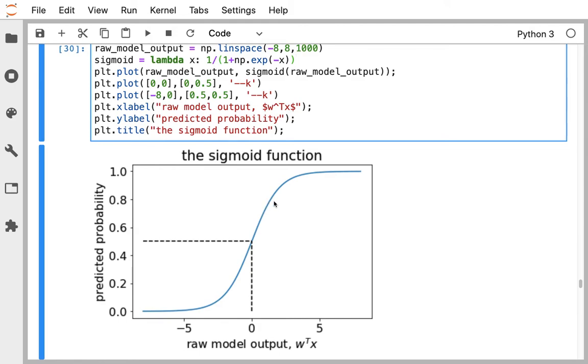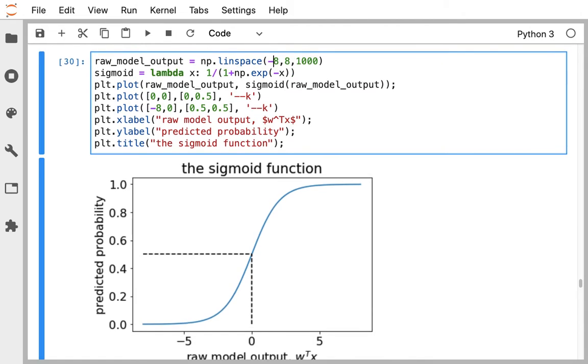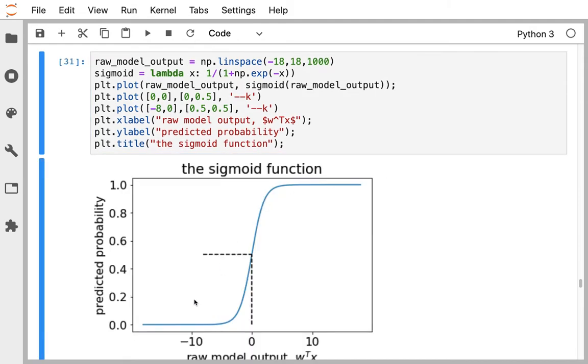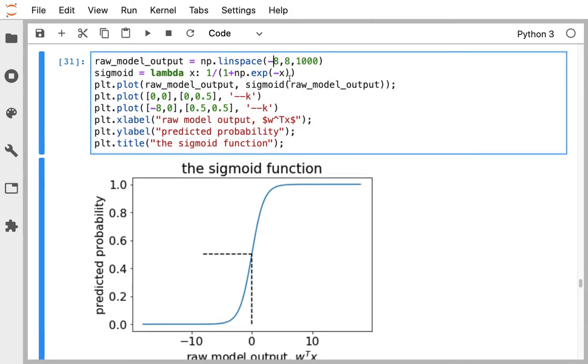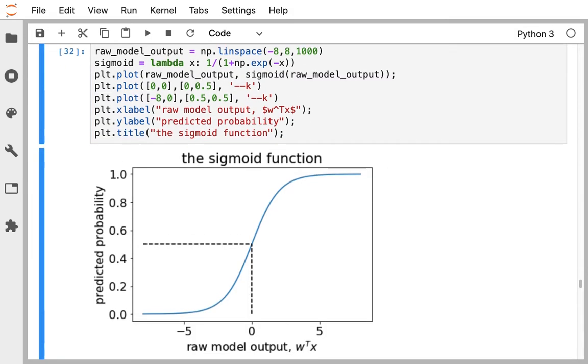When the probability is more than half, you predict the positive class, and when it's less than half, you predict the negative class. You can also look at this function in different zooms. If we look at it like that, you can really see the squashing effect. I just changed the range that we're plotting.